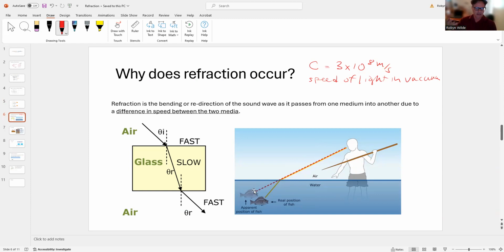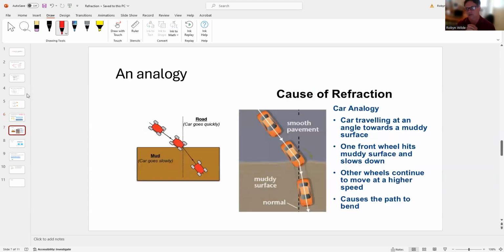It can't calculate the refraction. So it sees the fish here, which is a little shallower than the real position of the fish. So if you were hunting in this situation, you would need to aim lower than what you're seeing due to that refracted light. Okay, so again, why does it occur?